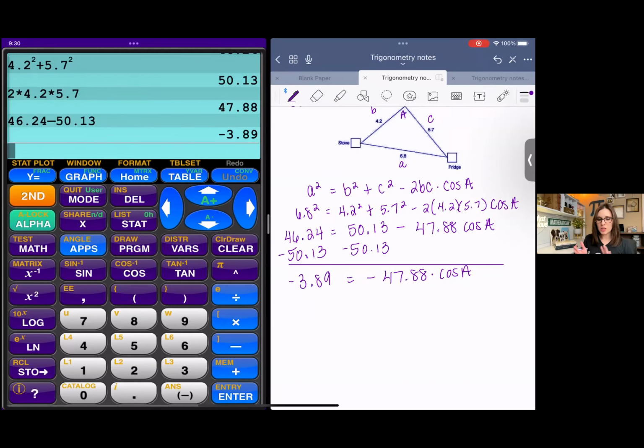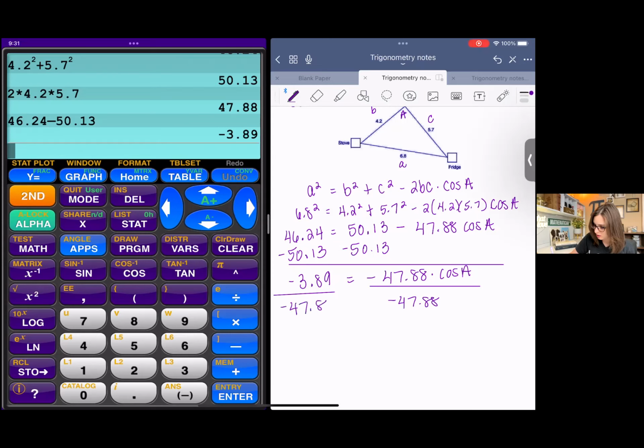So at this point, I've just subtracted 50.13 over, and I get negative 3.89 equals negative 47.88 times cosine A. And again, we can kind of envision cosine A as like X. And so to solve for X, we're going to divide by that coefficient.